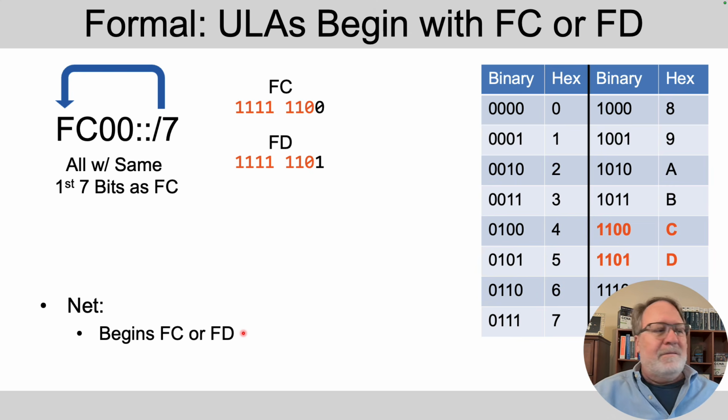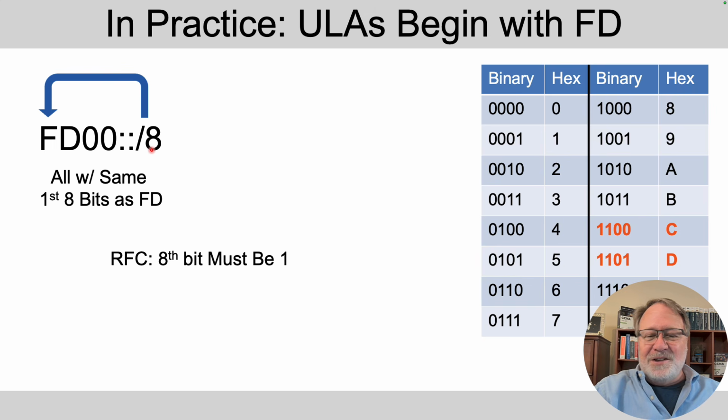Now, if we stop there, that would be okay, but there's one little twist to it. In the same RFC that defines this FC00::/7 as the prefix for EULA, it also says, oh, by the way, the 8th bit must also be a 1. All right, so that's an additional detail. So if you look at FC, the 8th bit is not a 1. So basically they're saying, well, after all that, we're going to rule out the ones that begin with FC. FD does begin with an 8th bit that's 1.